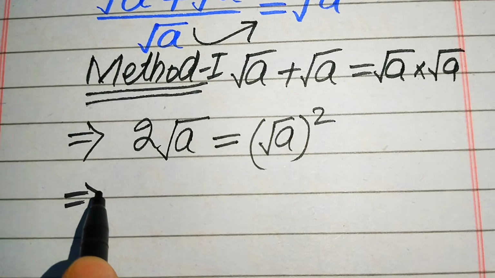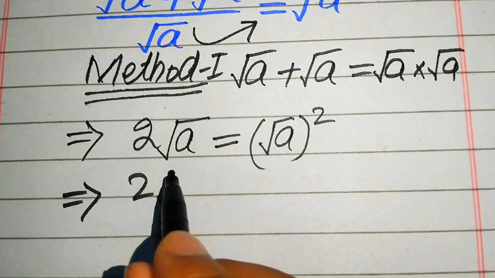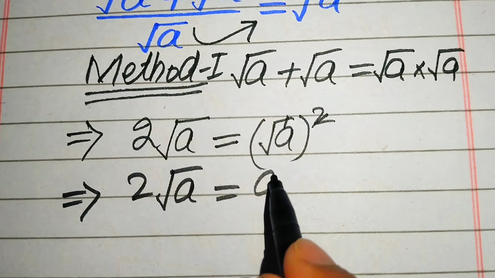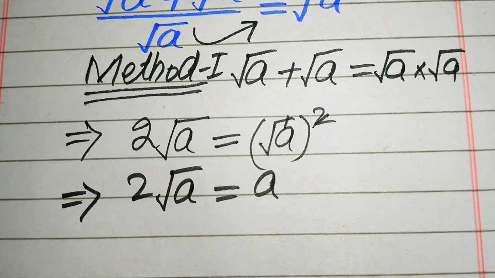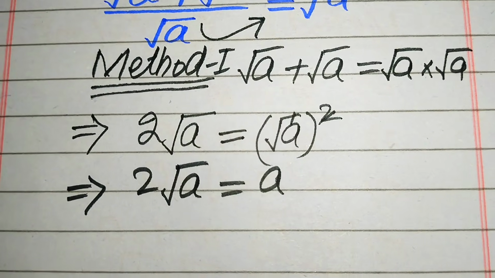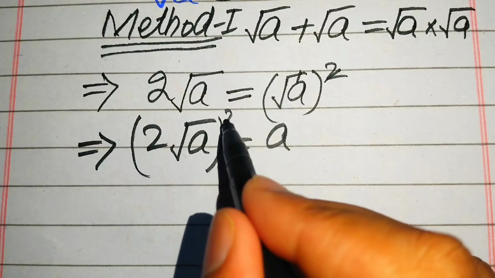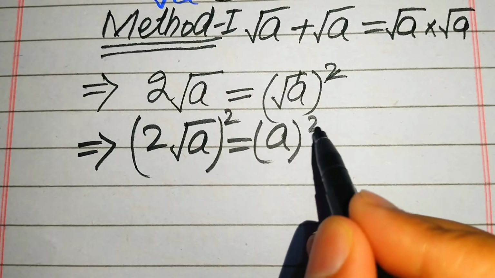Further, in the next step, we need more simplifications here, and we get 2 times square root of a is equal to, this square root and the square are gone, and we get here a only. And now we need to find all the roots of this equation. So for this, we need to remove the square root sign from the left hand side. So for this, we apply squaring on both of the sides.